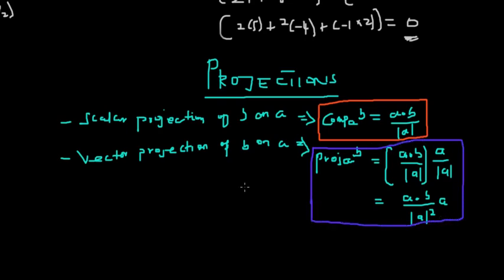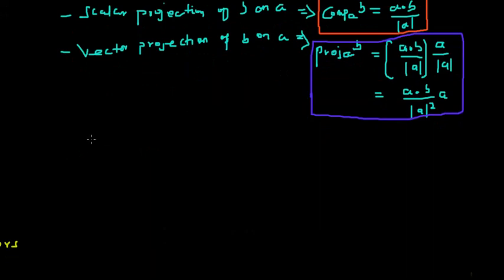So let's take a few examples and then we call it a day. Now let's say we have a certain vector. Let's say we have an example.